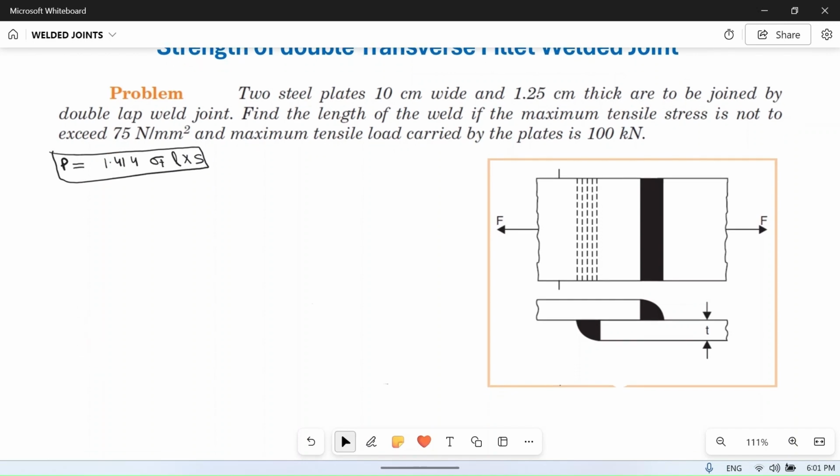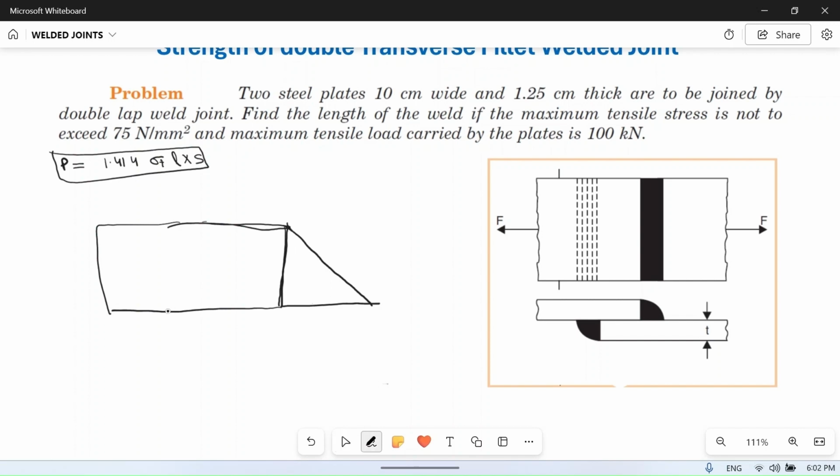Suppose this is a fillet; let's draw it zoomed. We assume this is a perfect triangle. This is plate 1, the upper plate, and this is the lower plate.